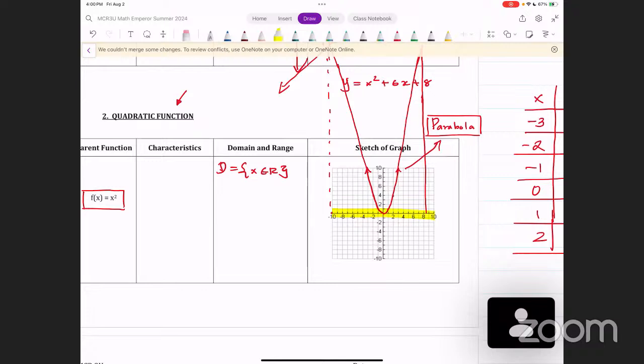It's a no. So by looking at the graph, my range, the y value, is not a negative value. There's no negative value my graph is taking. So I say the range is y belongs to real, but y is greater than or equal to 0, because all the possible values my graph is taking are positive values, isn't it? You see that? All right.